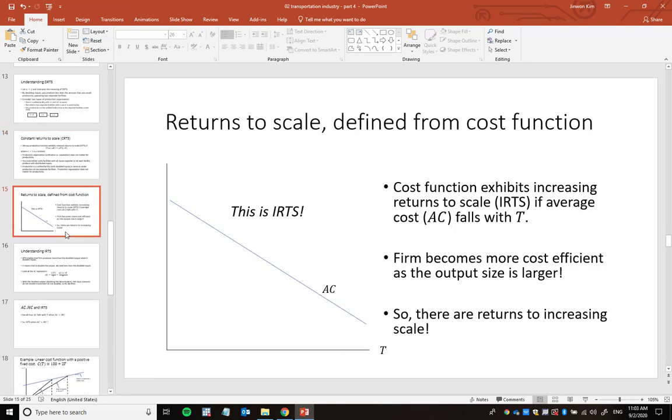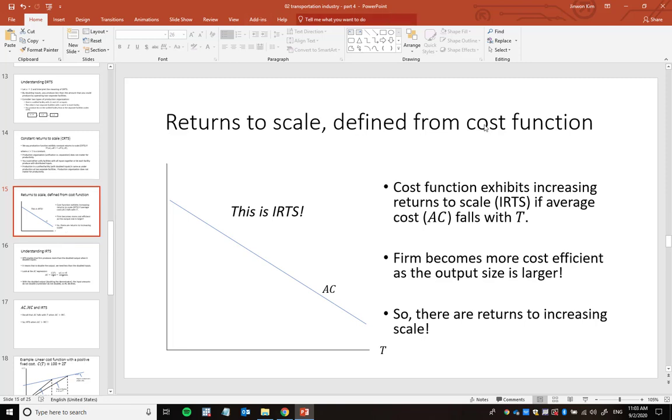Okay, so now we can define the returns to scale from the production function. So far we have defined the returns to scale from the production function. Now we can define it from the cost function.